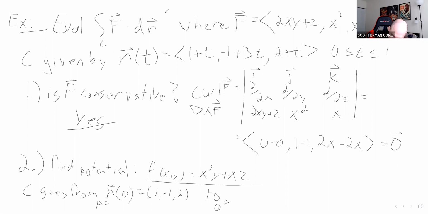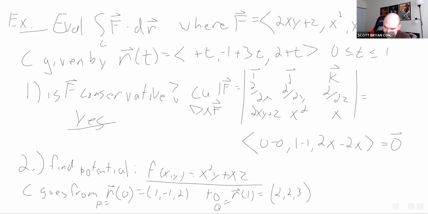The endpoint is at time 1, and when we plug in t equals 1, we get the point (2, 2, 3). Let me write that as a point, even though it's technically a vector; we're thinking of it as a point. So we have our endpoints.